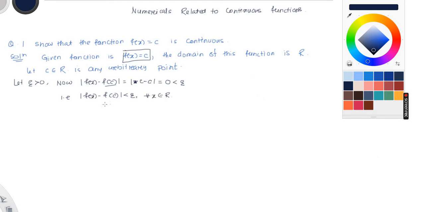Okay, that is the domain of the function. So in particular you can write, there exists a delta greater than 0 such that mod of f of x minus f of c is less than epsilon whenever x belongs to the set of real numbers, that is the domain of the function, and mod x minus c less than delta.